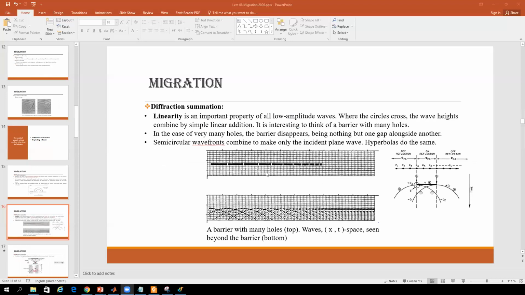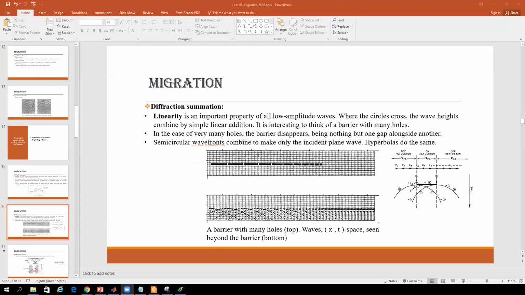So if we increase the number of entry points, we will have many diffractions or many wavefronts. Those wavefronts will interfere and superpose. We will have some constructive interference and some destructive interference.